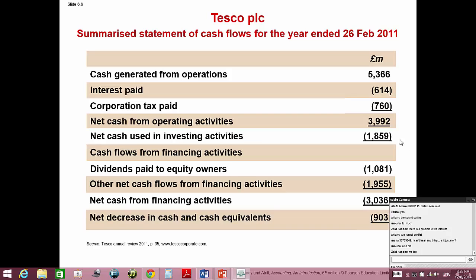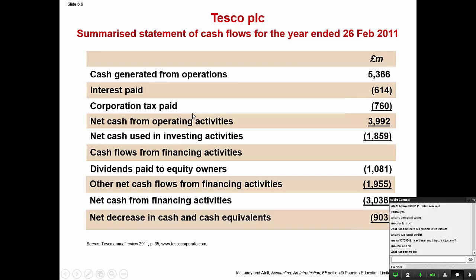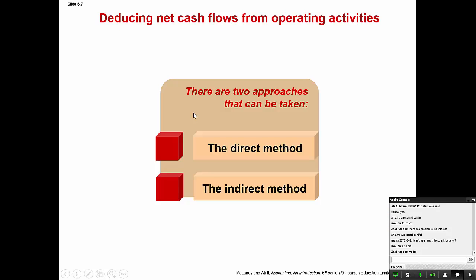Okay, so this is an example of the cash flow statement, and how can we find out the three parts of the cash flow statement. How can we deduce net cash flows from operating activities? Because net cash flows from operating activities is the only part of cash flows that we are interested in.